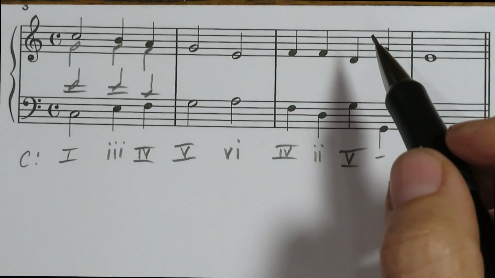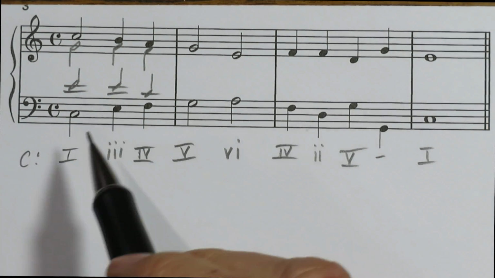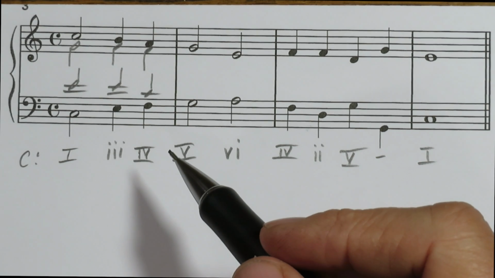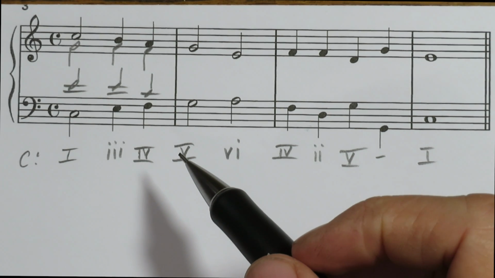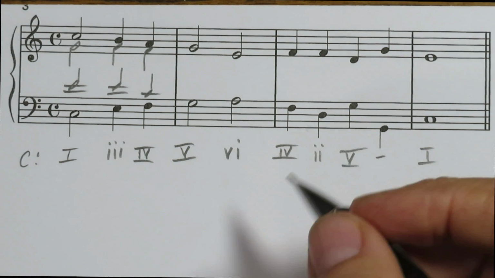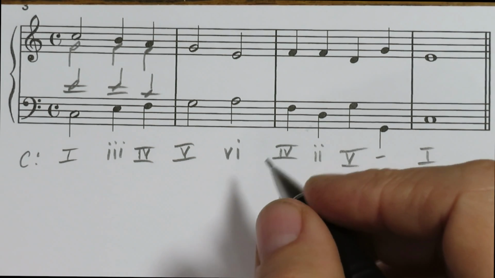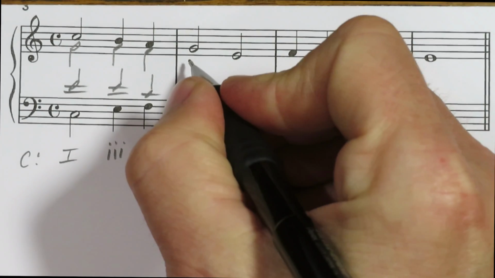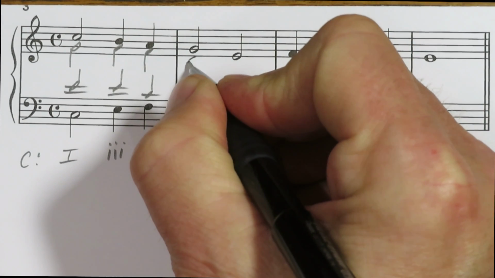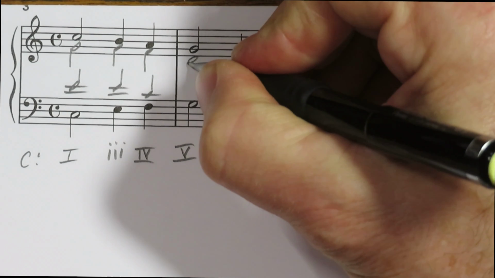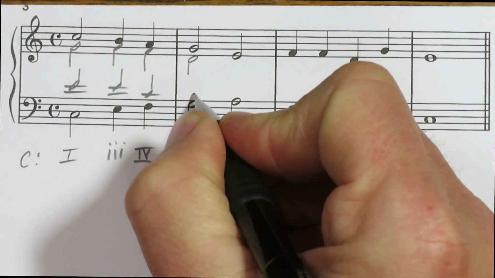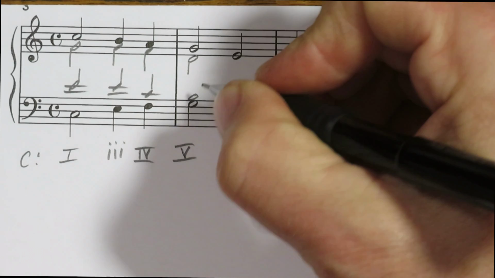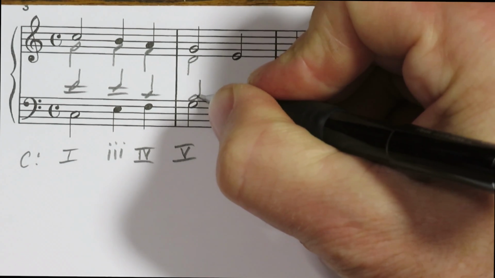Don't see any parallel octaves or fifths yet. And we're on the G. So we need a D and a B. And the closest voices, the nearest chord tones are here. Okay.